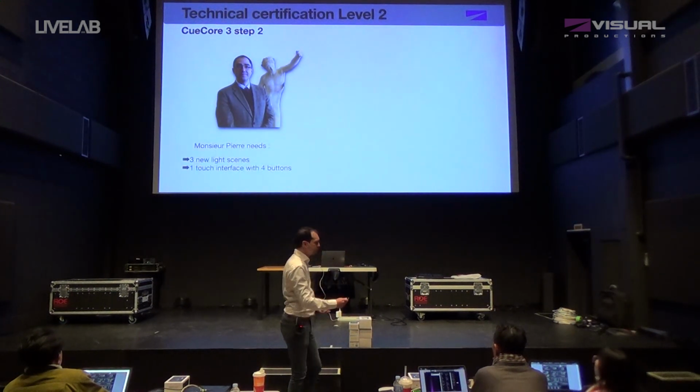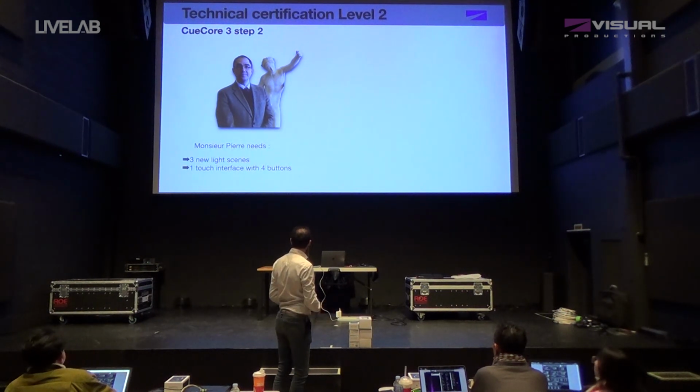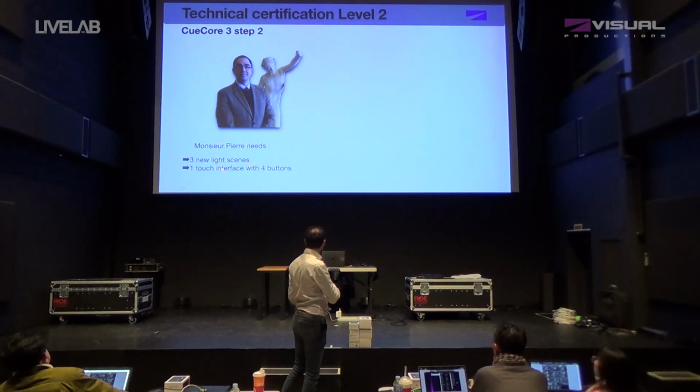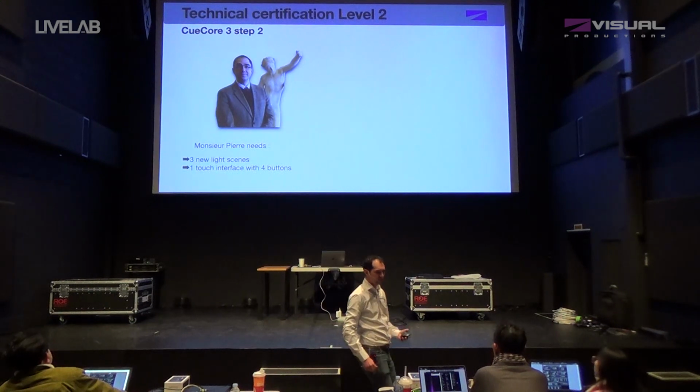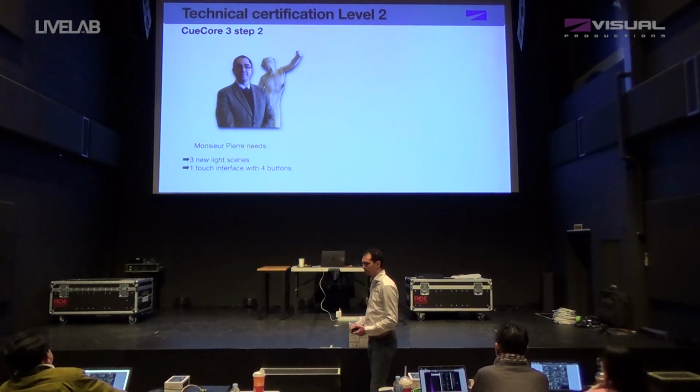So what we're gonna do first, we're gonna record 3 new light tracks, and then after we're gonna use the kiosk touch to create an interface with 4 buttons.